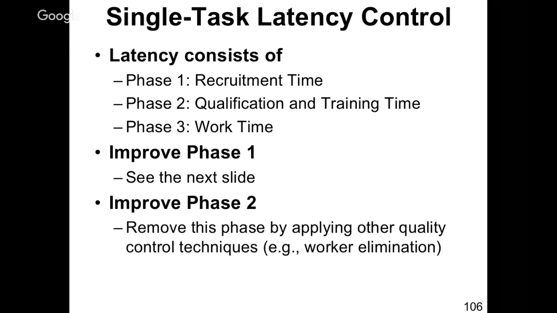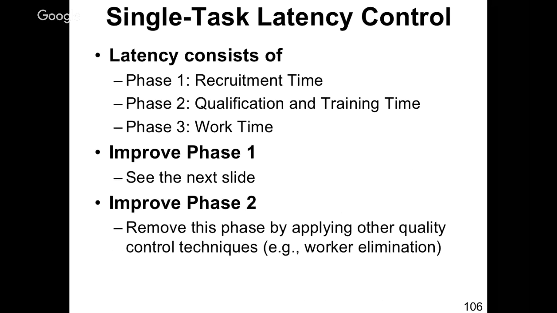For improving the second phase, the qualification and training time, let's first think about why we need it. The reason is we want to make sure that this worker can give us high quality answers. That's actually one of the quality control techniques that Yudian presented just now. Yudian also presented many other qualification techniques that we can use, right?